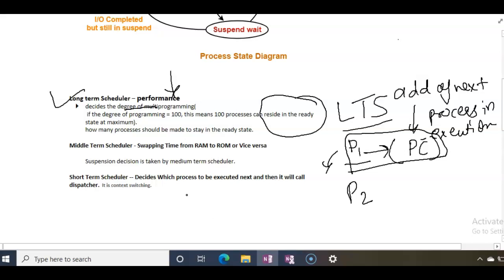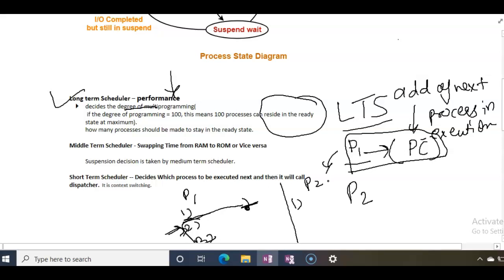If P1 is a process and it has three steps, and currently it is at the end of step 1, and from there you preempt this process and you are going to execute P2. So what happens, it will store the state of P1, that it has executed till this step, and when it resumes it should execute from step number 2.